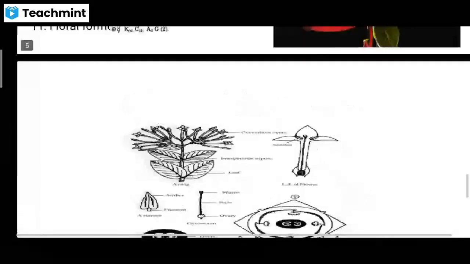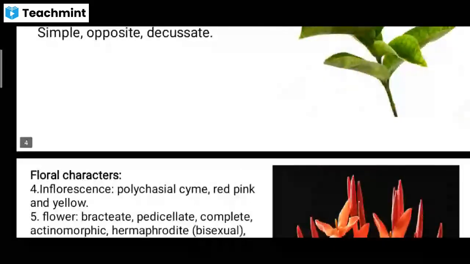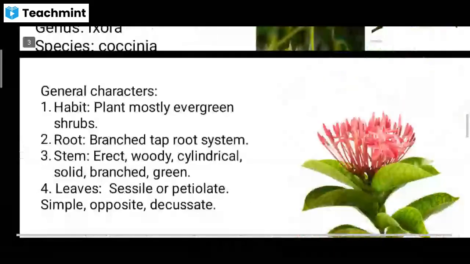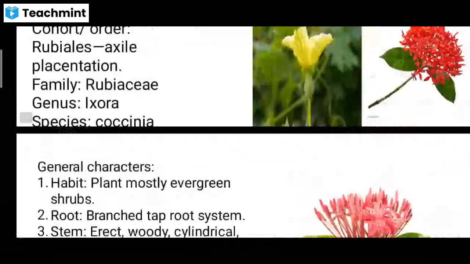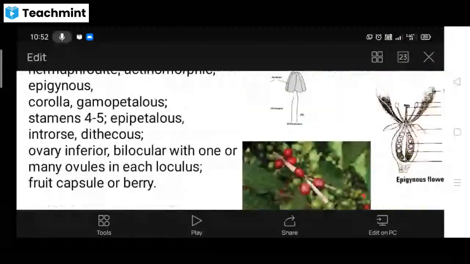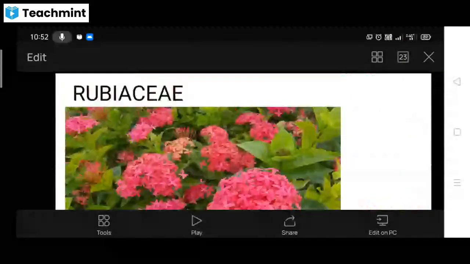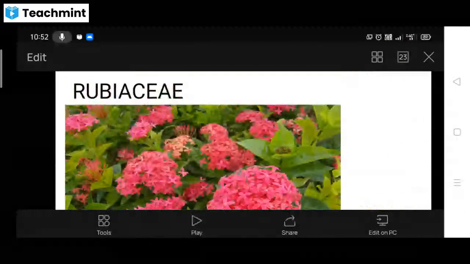You can easily identify this family with the help of its leaf arrangement, flower inflorescence type, and the distinguishing characters of that family.